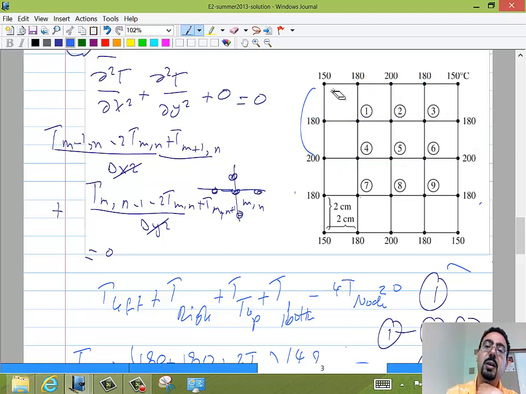All right? So symmetry is whenever you can actually see a mirror image across one axis. Then you would say, let me solve only half the problem.